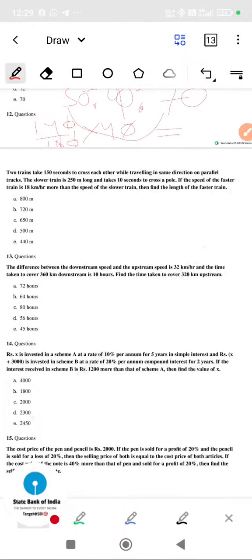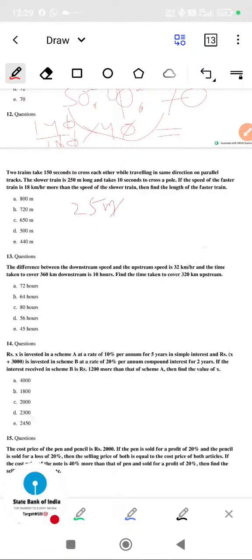Two trains take 150 seconds to cross each other while traveling in the same direction on parallel tracks. The slower train is 250 meters long and takes 10 seconds to cross a pole. So the slower train's speed is 250 divided by 10, which means 25 meters per second.